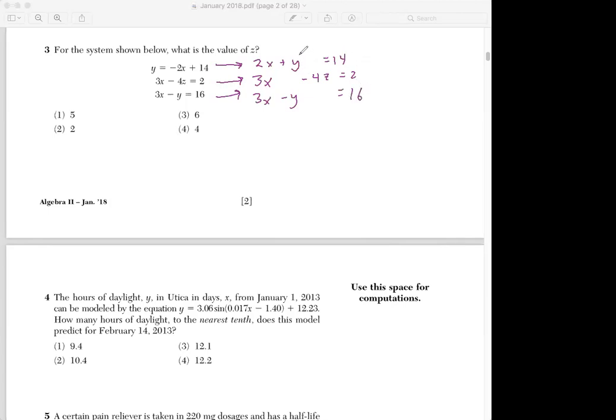In this situation, I would say there really is no special equation, but I would do 1 plus 3, and that'll get you 5x equals 30.